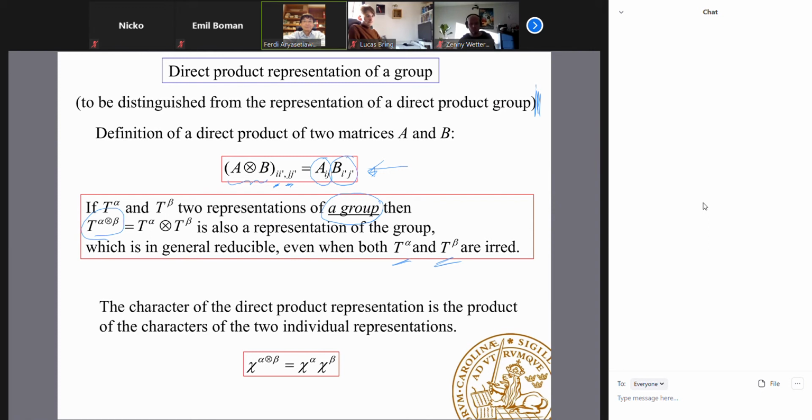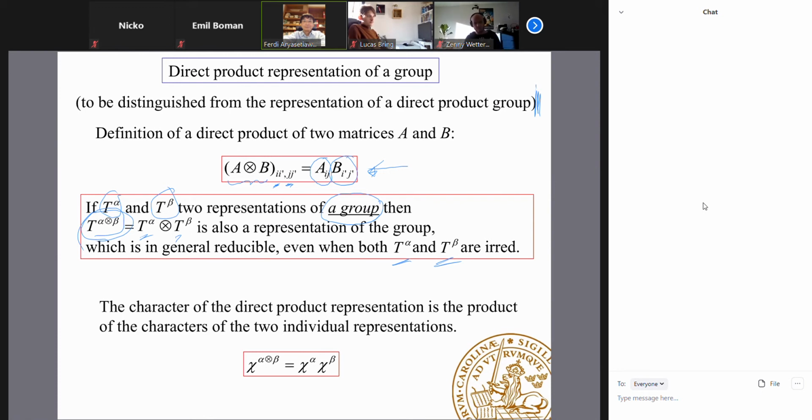But here we have only one group, and we have two different irreducible representations, T^alpha and T^beta. If we form a direct product matrix of these two representations, then we can show that it is also a representation of the group, but in general, reducible.